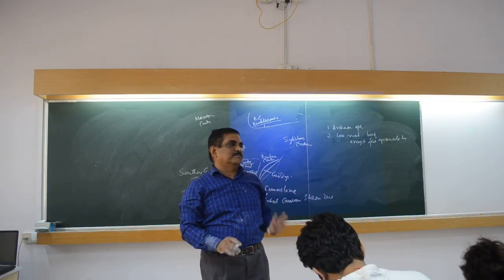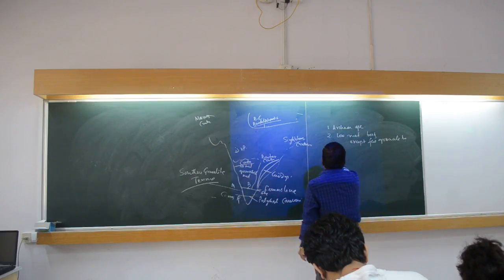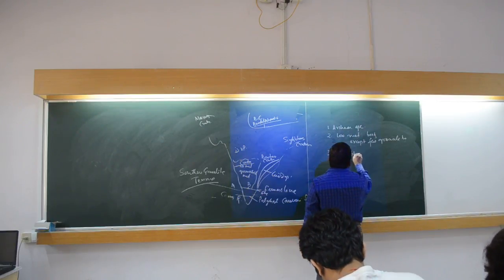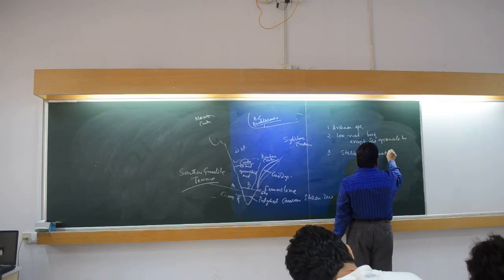Granulites are very few. We will give the examples. Now, third, these Archean rocks are very stable continental parts. This is the most important.